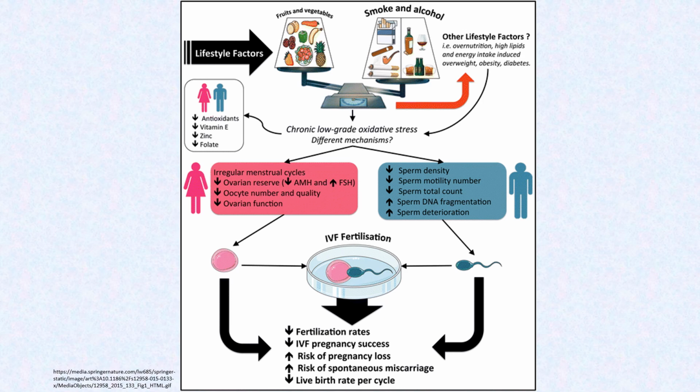In women who smoked for over 5 years, there were fewer oocytes retrieved and lower rates of implantation compared to non-smokers. In male partners, smoking negatively affected sperm motility, count, and increased sperm DNA damage. Alcohol has a negative effect on pregnancy and the developing embryo. Stress increases cortisol levels and may be associated with an increased risk of miscarriage.